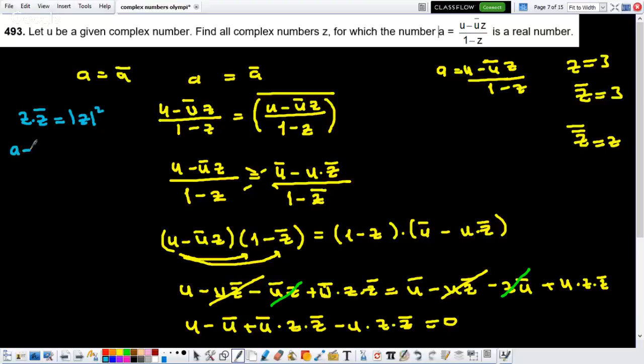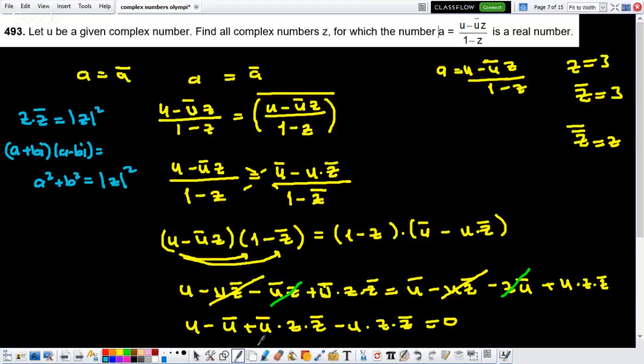How will it be? (a plus bi) times (a minus bi) is equal to a square plus b square. Many times I repeat this one. And if you remember the Pythagorean theorem I explained, a square plus b square is equal to modulus z square.